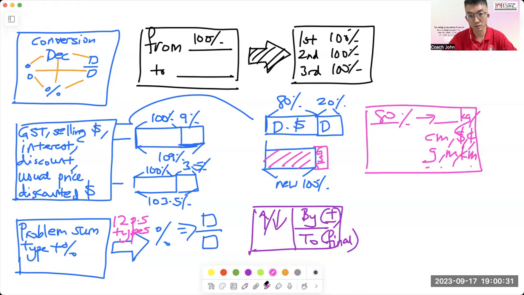Take note that your takeaway here will be arrow, not equal. If you're not sure, please check in with your teacher. That's it for how you study your percentage topic. Make sure that you study in all these types.